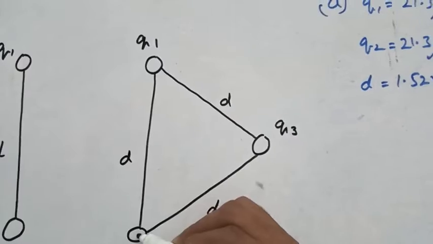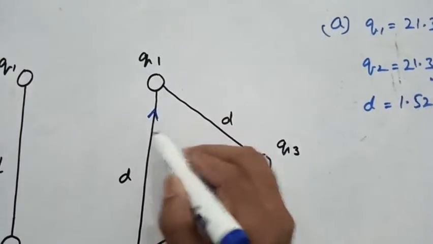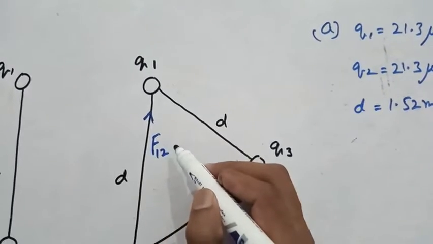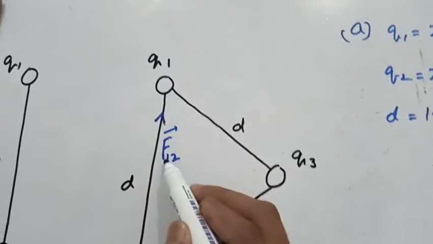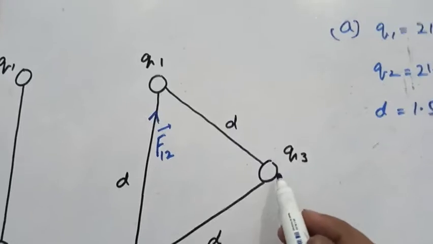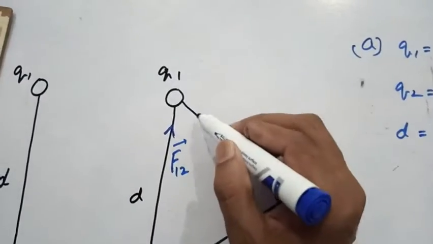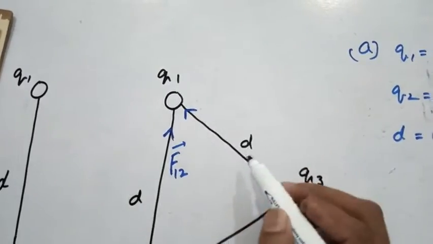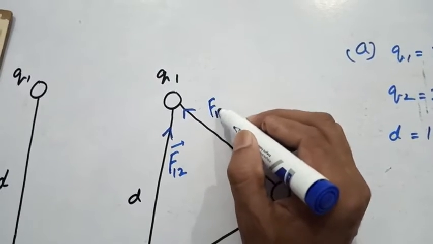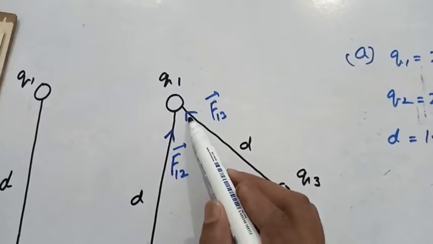The force exerted by charge q2 on q1 is in this direction, that is force F12. I write it as the force exerted on charge 1 by charge 2. Similarly, the force exerted by charge q3 on charge q1 is in this direction, as q3 repels charge q1. So the force is F13 and its direction is shown by this arrowhead.